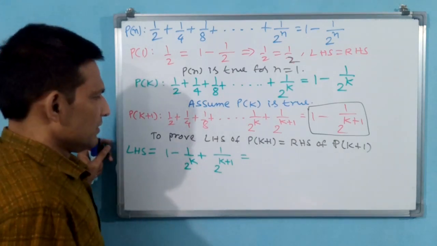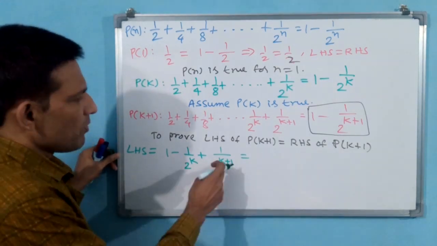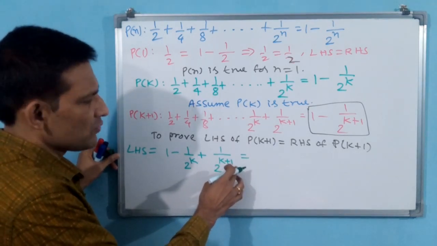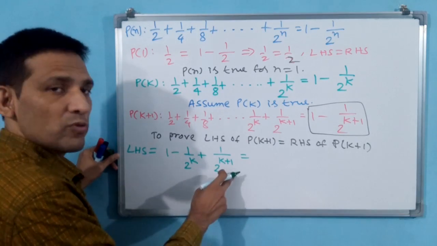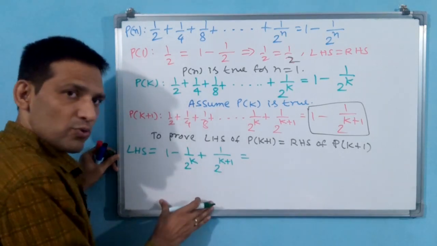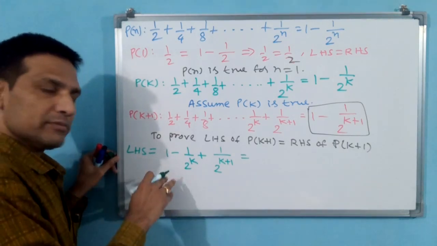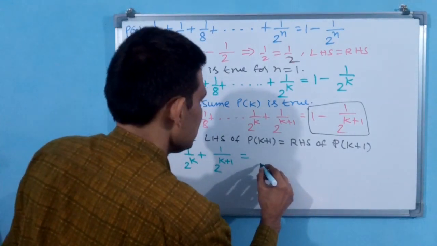Like that we do. Or else, if you take LCM, 2 power k, 2 separately you have to take, because 2 power k into 2 means 2 power k plus 1 will come. 2 power k into 2, LCM you have to take. Then this will come, 2 power k into this one. Okay, you write like this.